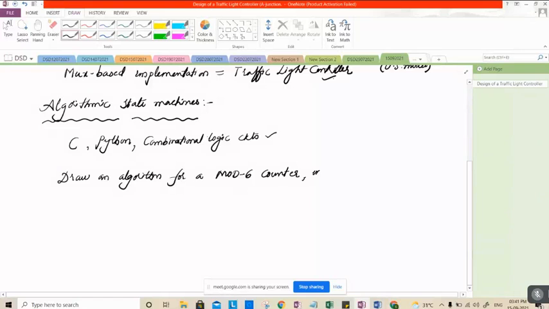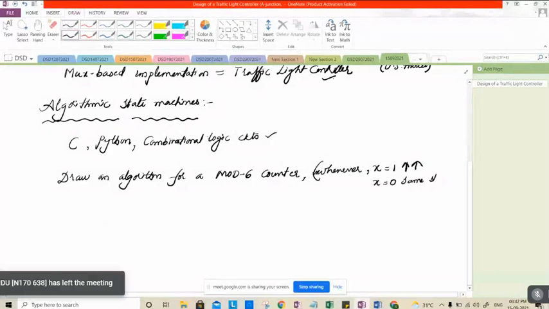Whenever x is equal to 1, up count. If x is equal to 0, same state.